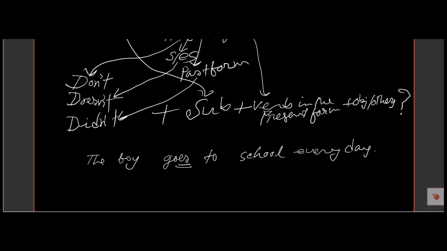We must use doesn't. So the sentence begins with doesn't, and then the subject comes, the boy, and go will be in the present form, so go, and then the others: to school every day.